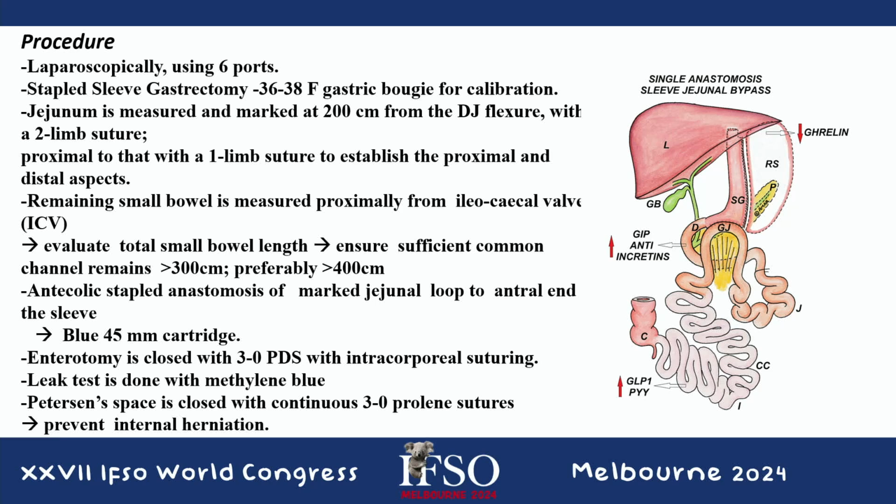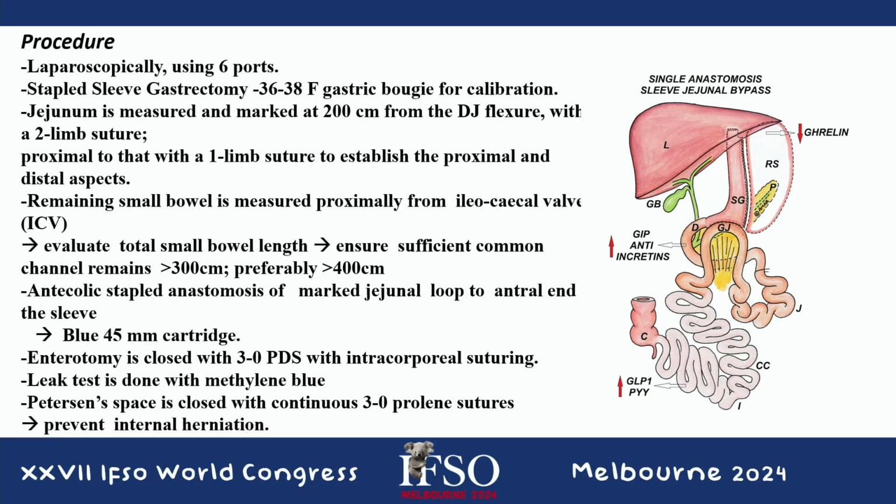And then we do an anticolic staple anastomosis of the marked jejunal loop to the antral end of the sleeve. We didn't believe in the constricted anastomosis of 3 centimeter, which Santoro had suggested, because we saw with the work in other units that every now and then there would be a stenosis of the anastomosis.